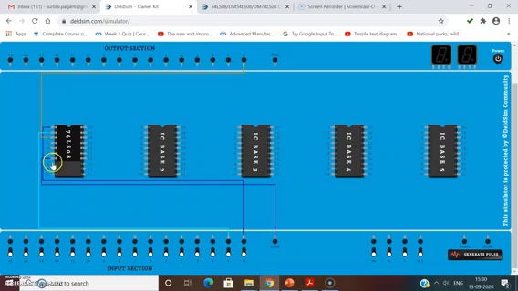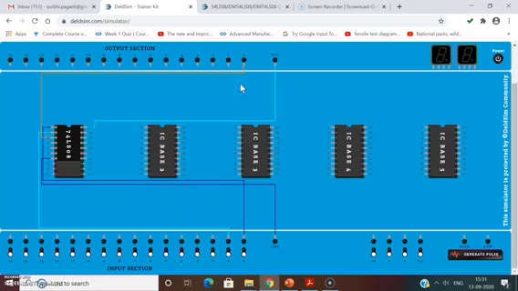You are not going to count it with this 20 because it is a 20 pin kit socket, but your IC is a 14 pin IC. So this is 7, then 8, 9, 10, 11, 12, 13 and 14. So this is your 14th pin which you will connect to this VCC. Okay, so we have made the connection.